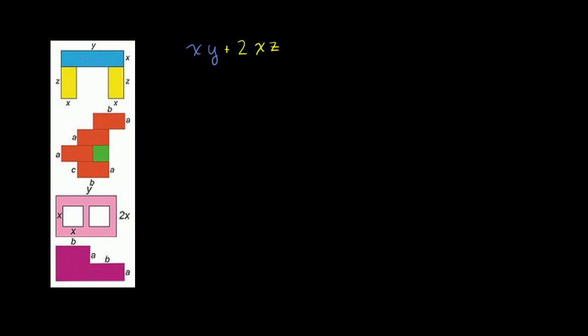Now let's do this next one. What's the area here? Well, I have an a times a b. This looks like an a times a b again, plus ab. That looks like an ab again, plus ab, plus ab. And I think they've drawn this a little bit strange. Well, I'm going to ignore this c right there.